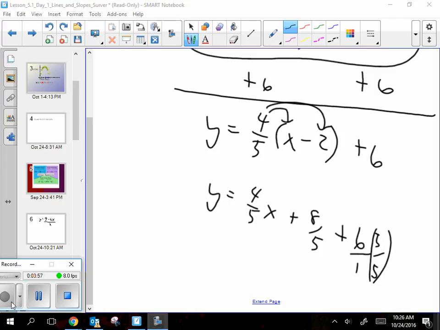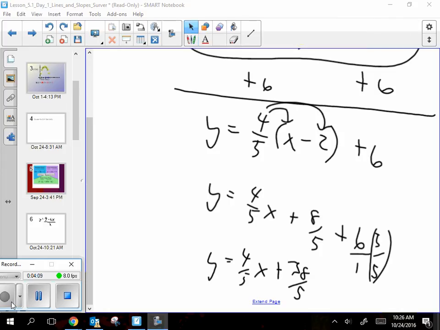So that makes it 30/5 plus the 8 is 38/5. y = 4/5 x + 38/5. Now, could you have also said that as 7 3/5? Yeah, okay, made a mistake apparently. Is there a negative somewhere I missed? Yep, that's a -8/5. Thank you very much.